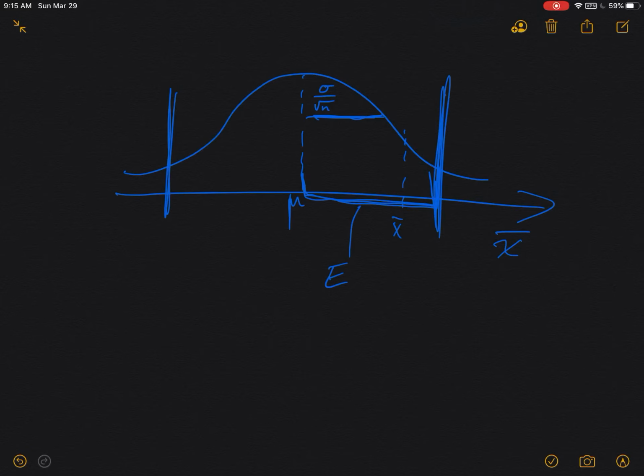And what I'm saying is that 90% of the time, mu is between x bar plus or minus that margin of error.